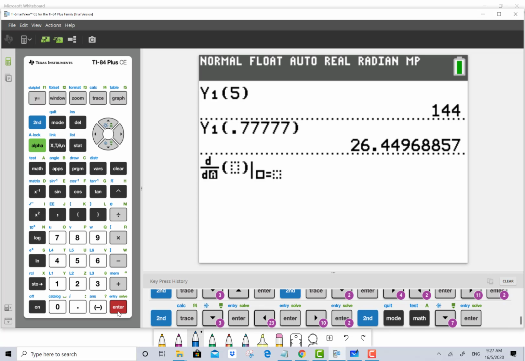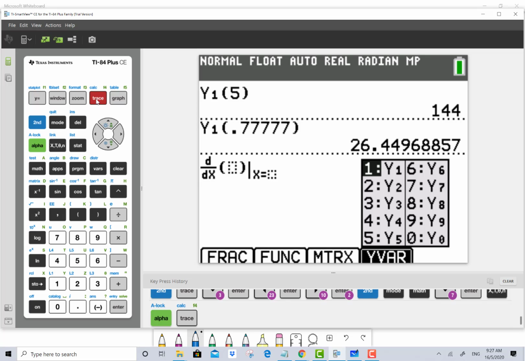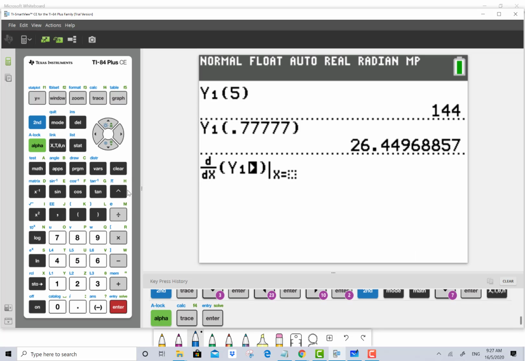So let's see what happens. All I would need to do right here, put my x, right? I need y1. So to get back y1, I'm going to hit alpha, trace, that will get me my y1, hit enter. So that was my function that I stored in as y1.